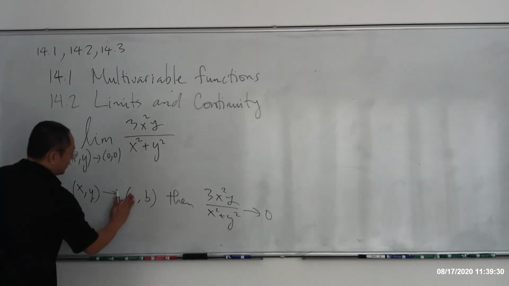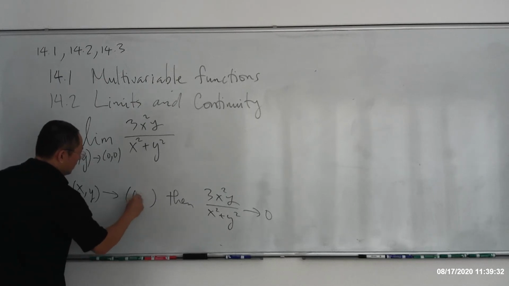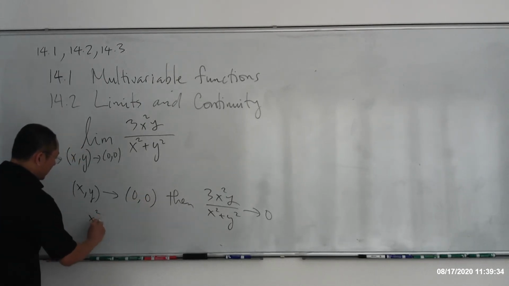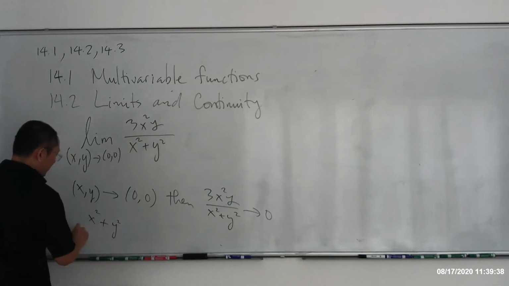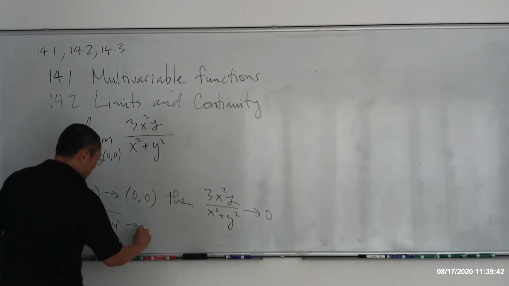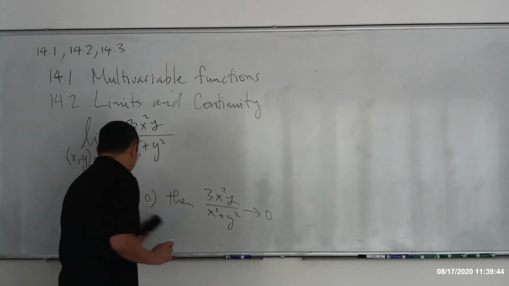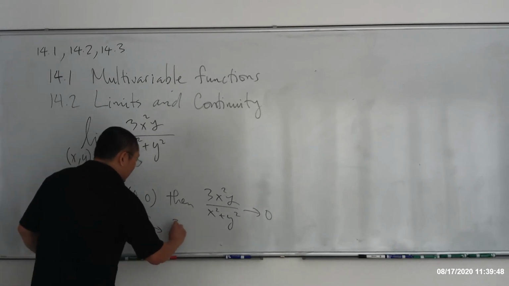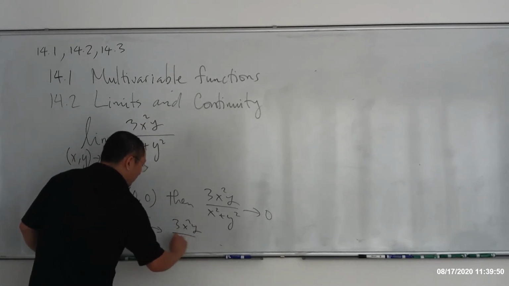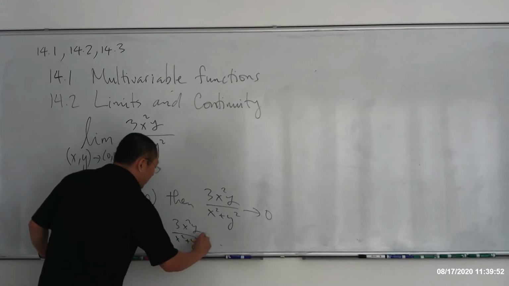Well, a, b is 0, 0, so write 0, 0 here. So x squared minus 0 plus y squared minus 0, and then you take the square root, less than delta, then 3x squared y over x squared plus y squared is less than epsilon.